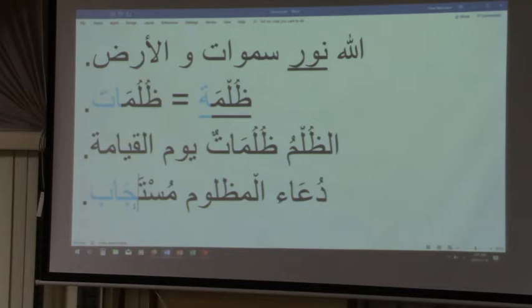So you are the zalim and I am the madloom. I gave you work to do. There is no review. So I'm the madloom, so my dua will be accepted. Jazakum Allahu khayran. Thank you for oppressing me. So now I can do any dua. Any dua I want, I will get from Allah.